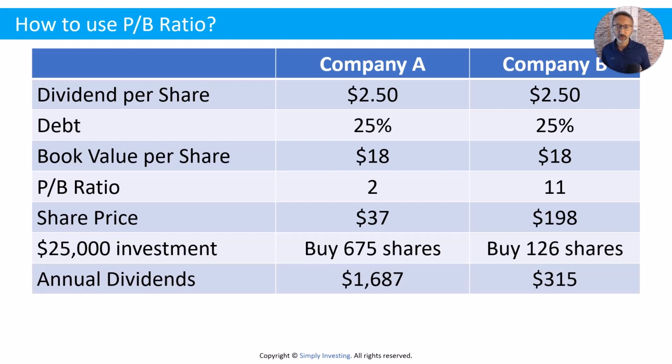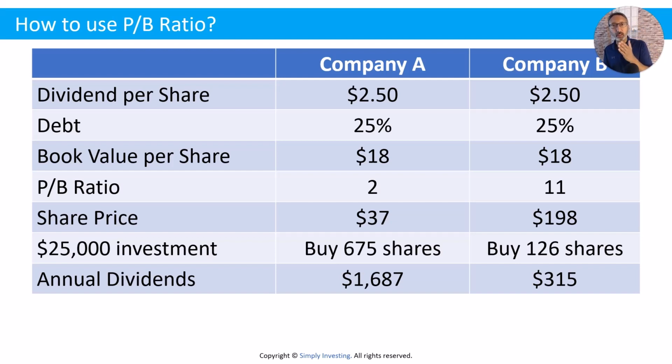So in this example, you can see it up on the screen here. If you were to invest $25,000 in company A, you would receive every year $1,687 in dividends. If you took the same $25,000 and put it into company B, you would receive annually $315 in dividends. So all things considered equal, company A is going to be a better investment than company B. Why?